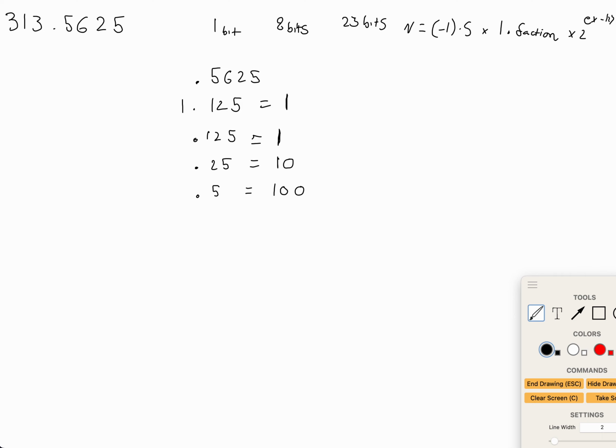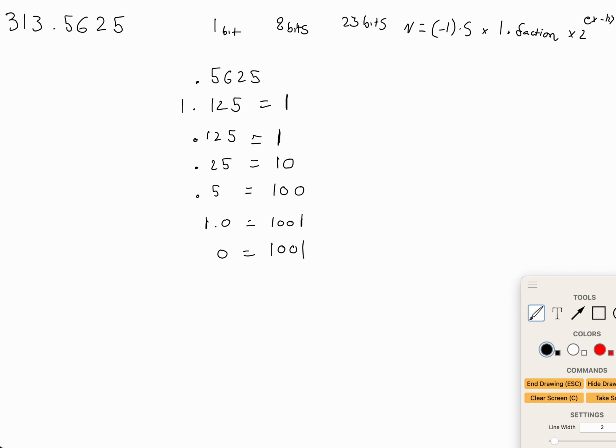We multiply 0.5 by 2, which gets us a result of 1.0. Because this resulting value is greater than, or in this case equal to, 1, we add a 1 as the next digit. Normally we would subtract 1 from the left side, but now we have 0. And when you have 0 on the left side, you're done.